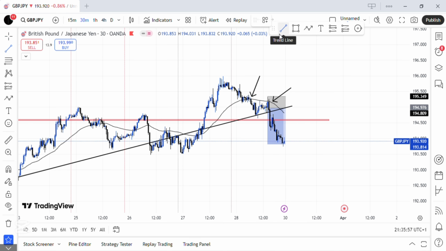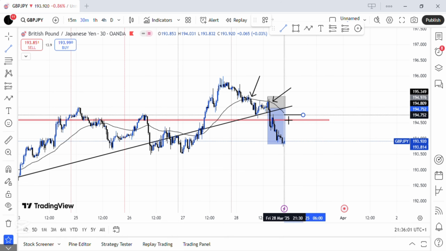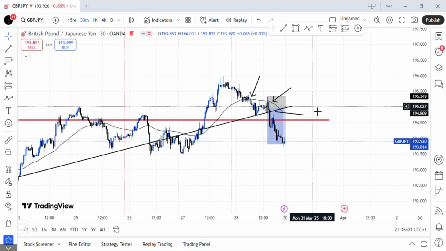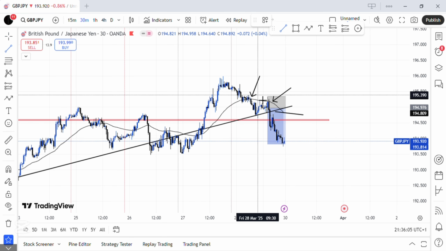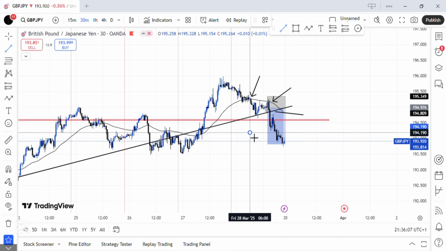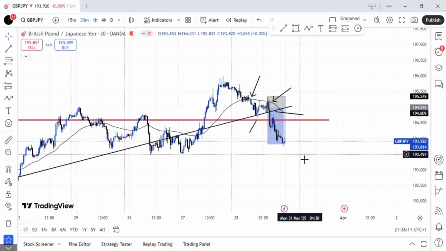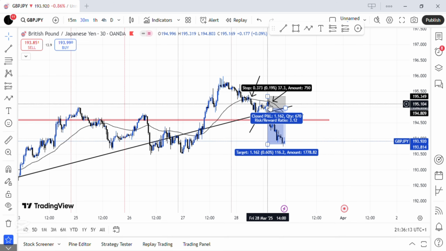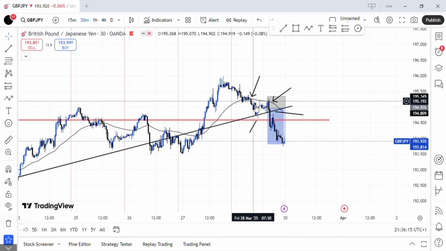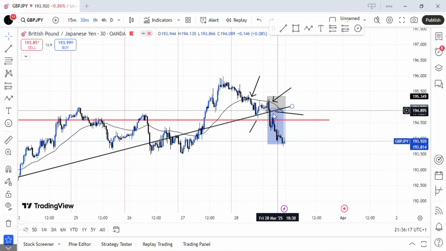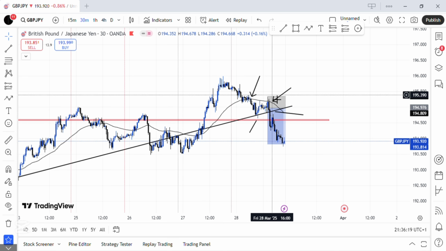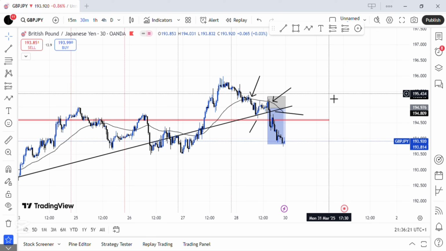What else did it do? It also broke this trend line right here. What did it do again? It broke this support zone. So how many things is it breaking? It broke the exponential moving average first, then it broke the trend line, it broke the support zone, and it gave me a momentum candle.